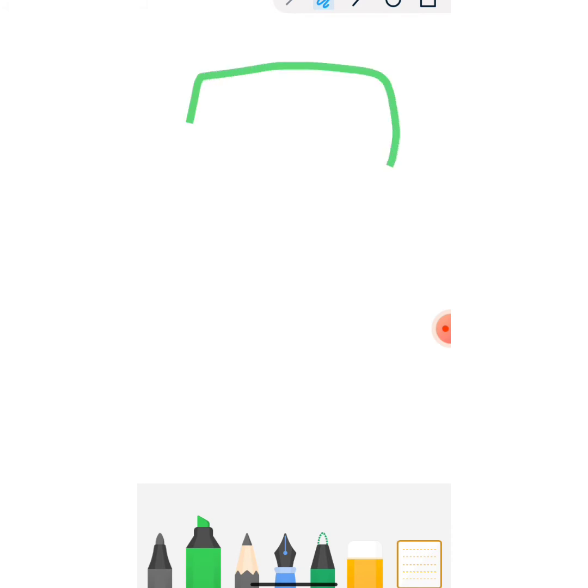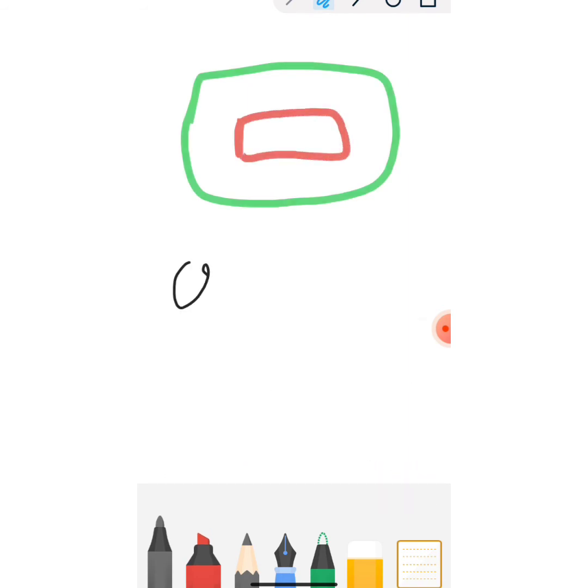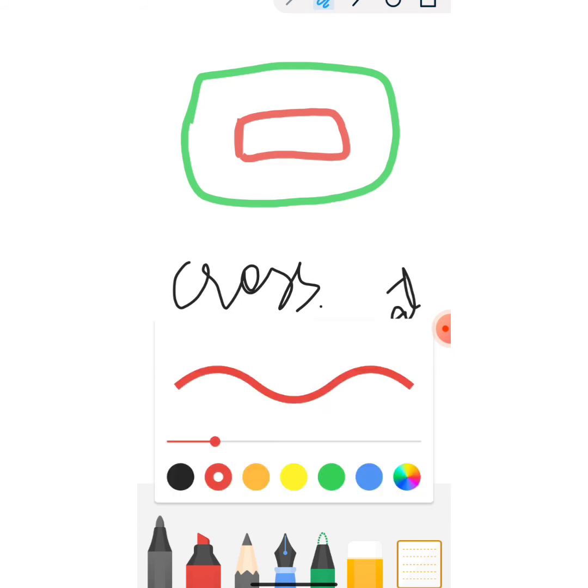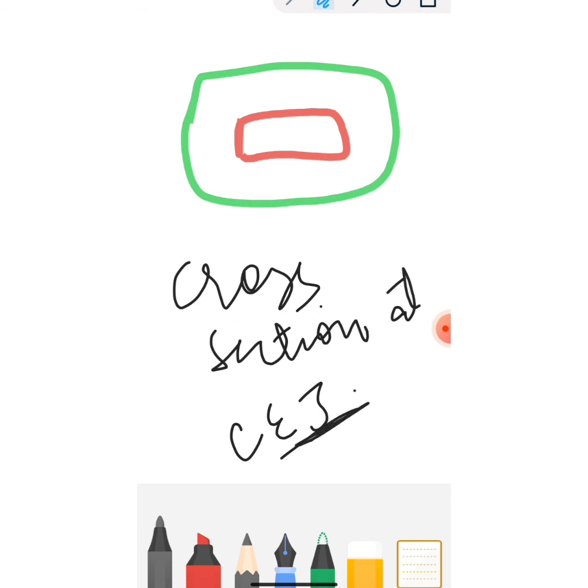If this is the tooth and this is the pulp chamber, and this is the cross section at CEJ. So law of CEJ says at the level of CEJ, the distance from the walls of the pulp chamber to the external surface of the tooth is same throughout.